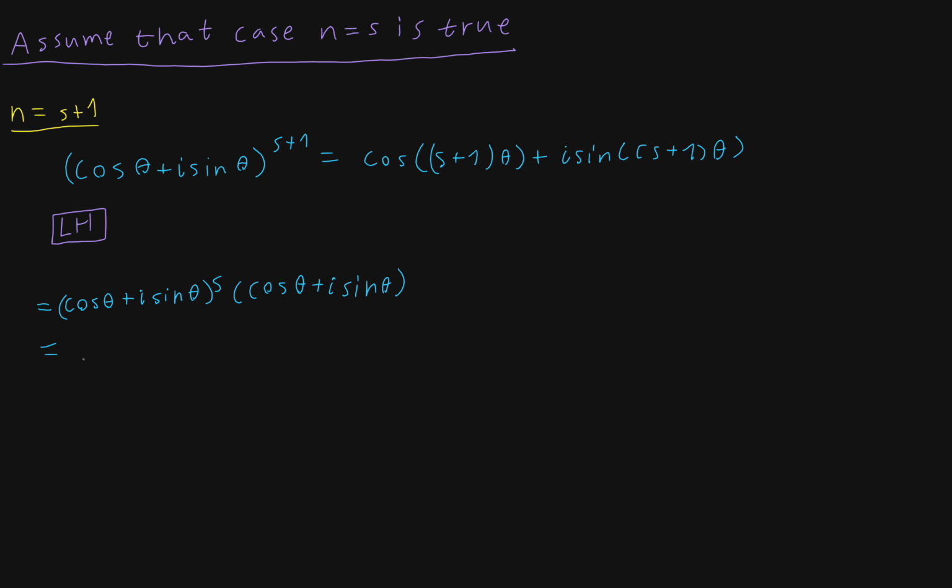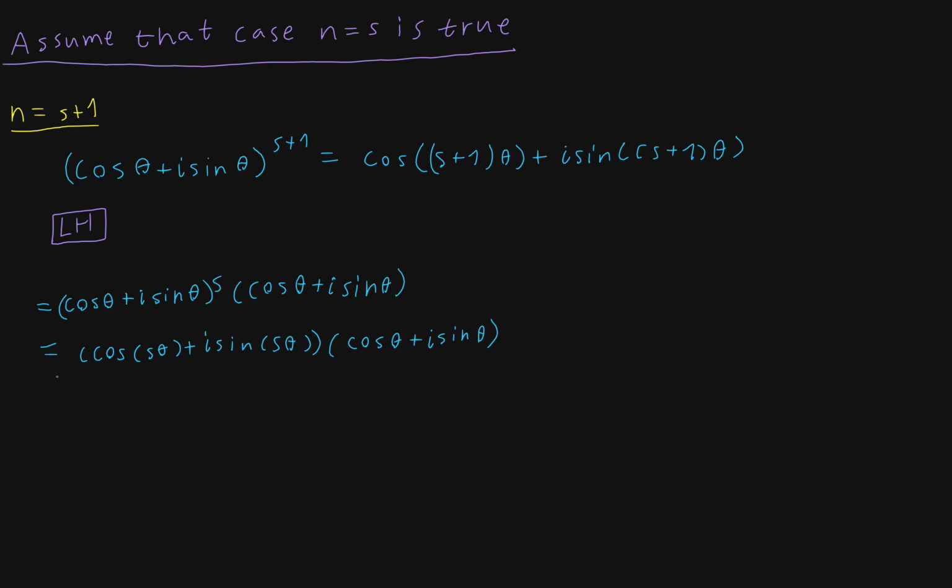So we're going to have cosine s theta plus i sine s theta, and then times cosine theta plus i sine theta as normal.